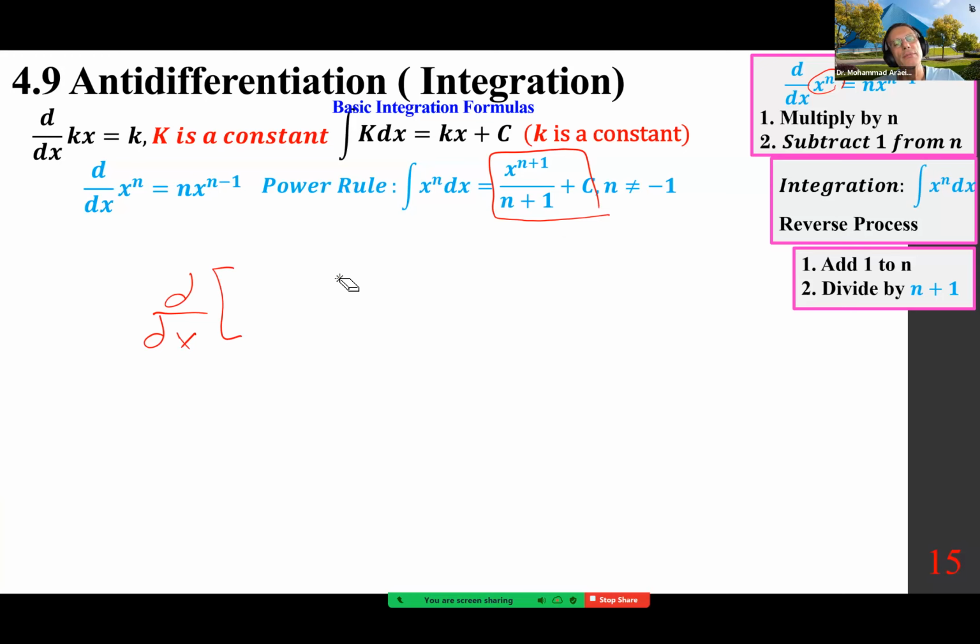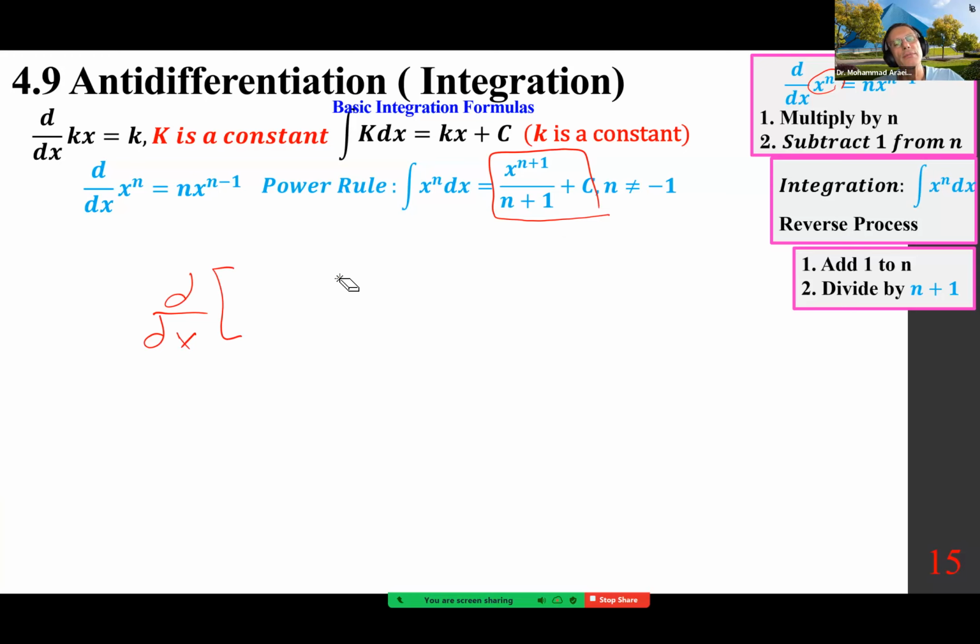So the derivative is 1 over n plus 1 times the exponent n plus 1, x to the power of n plus 1 minus 1, plus the derivative of c, which is 0. And I hope you see that this gives you x to the power of n. Okay, that's it. So that's a proof. Reverse process. Let me erase the mess.